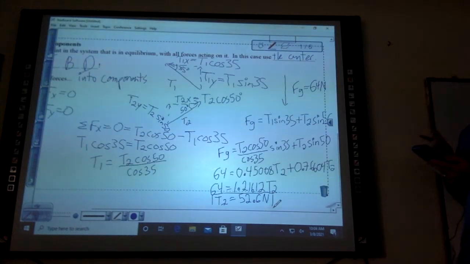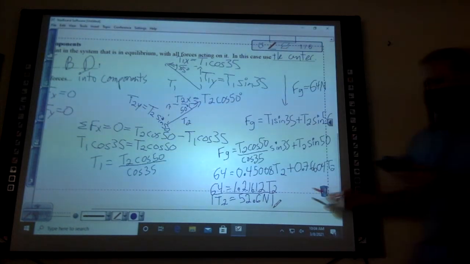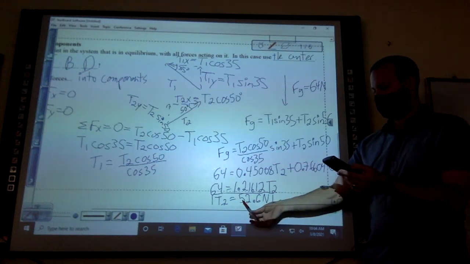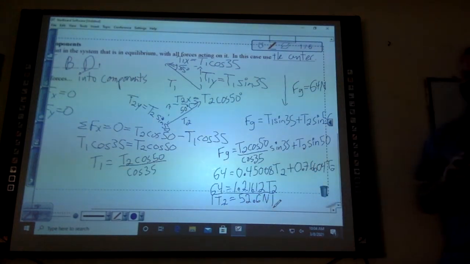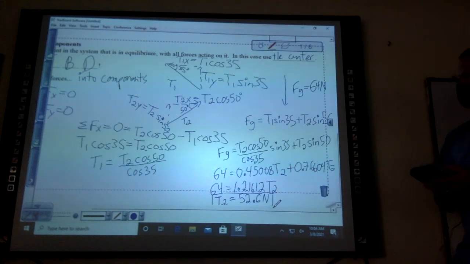So if I did this without any rounding, oh, it gets me still somewhat similar. 52.625. So it would still be the same.